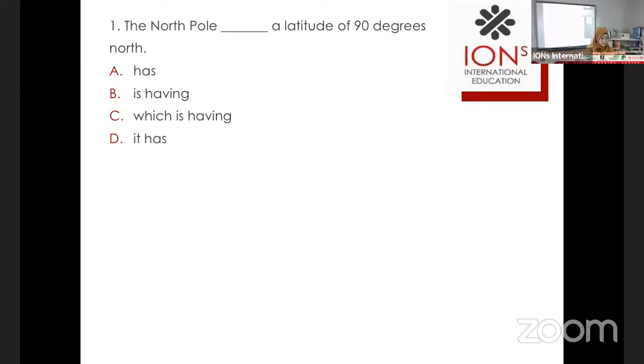Ada tidak? No, enggak ada ya. Berarti what we need is a verb. Good. Nah, sekarang kira-kira mana yang bisa menjadi verb? A atau B? Correct. Ya, jadi ada dua kemungkinan. Yang A atau yang B. Right? The North Pole has a latitude or the North Pole is heavy.